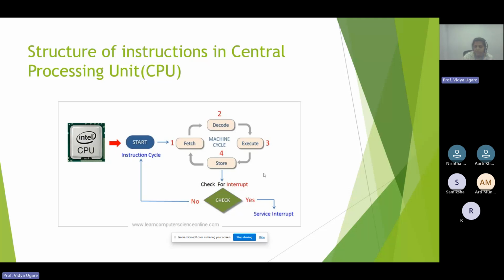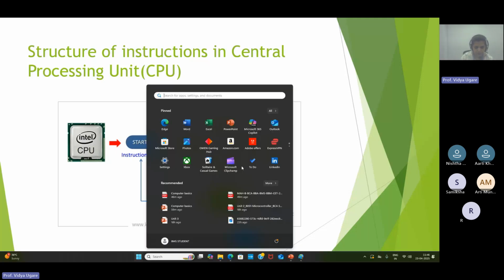But suddenly, as a user, let's say I think of listening to music, or let's say I click on the start menu. Now what is happening in the background? The processor, which was busy showing the slide on the screen, has stopped that task and given attention to what the user has requested. It means I have disturbed it.